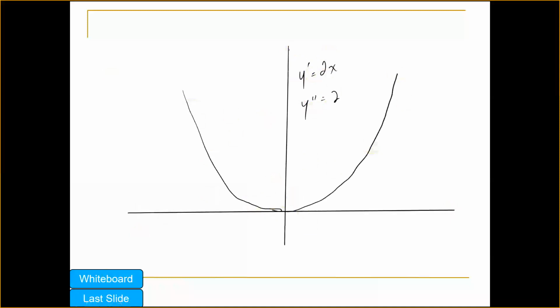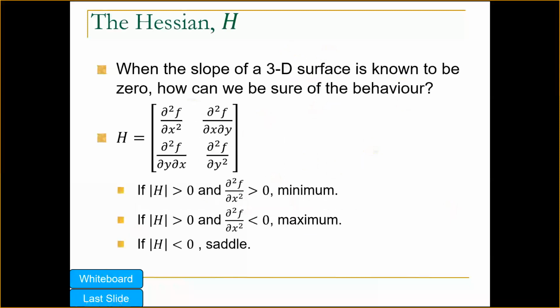Let's go back to the slide where we were. Now for 2D, I mean 2 independent variables, you have to use a function called the Hessian. Like how you have the determinant of a matrix, the Hessian is actually the determinant of a matrix, and this is the matrix. It's a matrix of the second order derivatives of the function in that form.